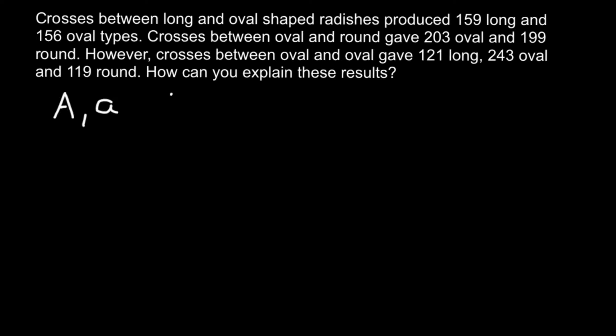The first one would be capital A, capital A. The second one would be capital A and small a. And the last combination would be small a, small a. In simple Mendelian genetics, these two combinations would mean one phenotype, and this would mean a second phenotype.